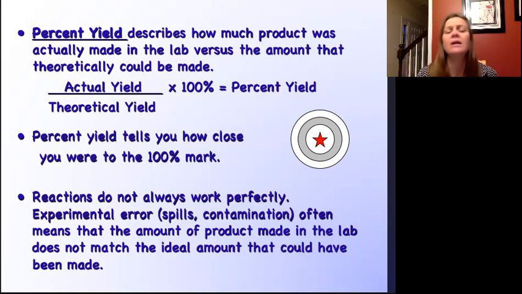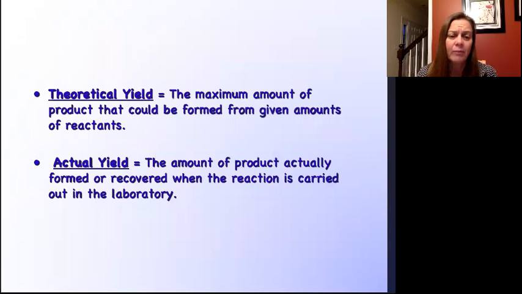So it's kind of like if you're making cookies, right? And you look at the recipe and it tells you that the recipe makes 4 dozen cookies. And you know that, maybe you don't clean the bowl perfectly when you get the last little bit of cookie batter out, or maybe your little brother likes to come by and eat some of the cookie dough as you're making it. And so when you go to make the cookies, even though the recipe says that there should be 48, there's only 44. And so when we look at theoretical yield and actual yield, actual yield is how much is actually made.